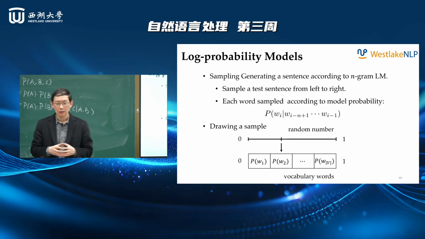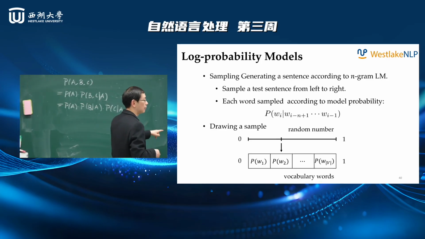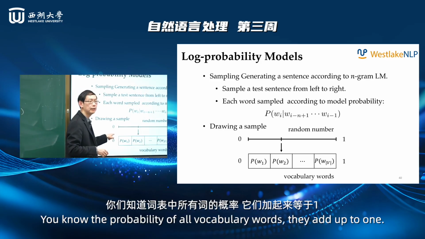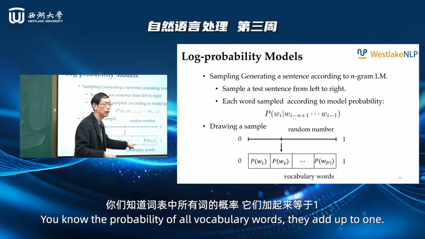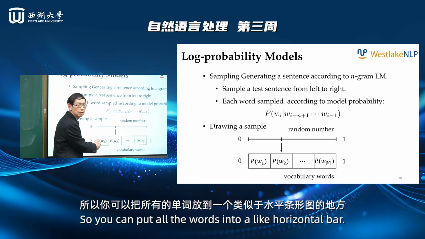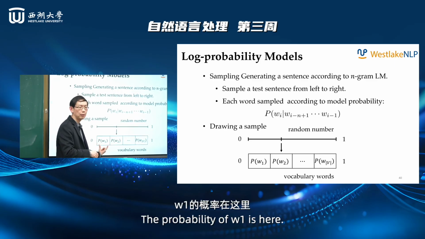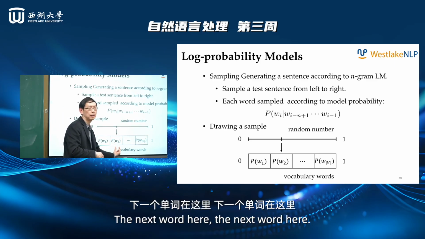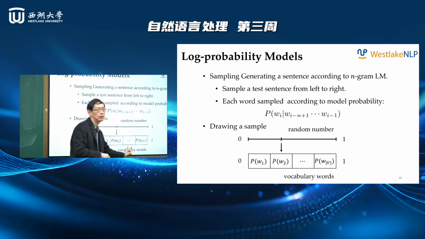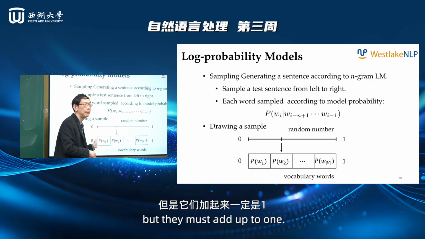You can do the thing as I write here. You know the probability of all vocabulary words, and they add up to 1. So you can put all the words into a horizontal bar. The probability of W1 is here, the next word here, the next word here. You arrange them together, and the relative size of each span corresponds to its probability, and they must add up to 1.